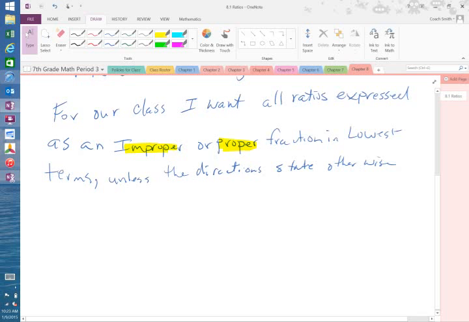So, if we were to look at the ratio of boys to girls in this classroom right now, today, not necessarily on another day, but today. So, how many girls do we have? 1, 2, 3, 4, 5. 5 girls, right? You're pointing at yourself there, Zach?